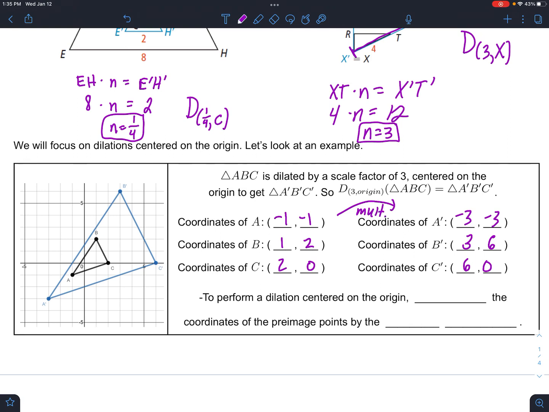So if you ask me, it seems like we multiply by 3. And we actually do the same here. 1 times 3 is 3, 2 times 3 is 6. So when we perform a dilation centered on the origin, we multiply the pre-image points by the scale factor. In this case, it was 3. And we can see that up here in the notation.